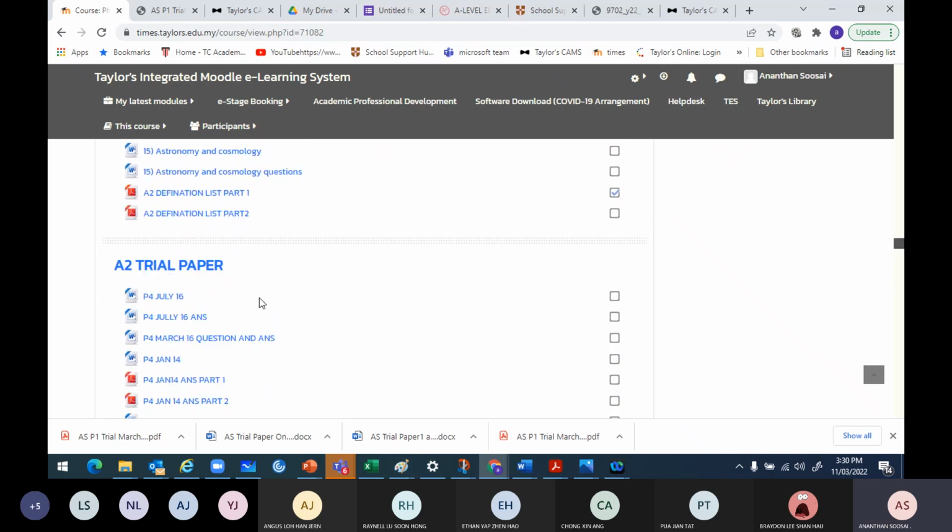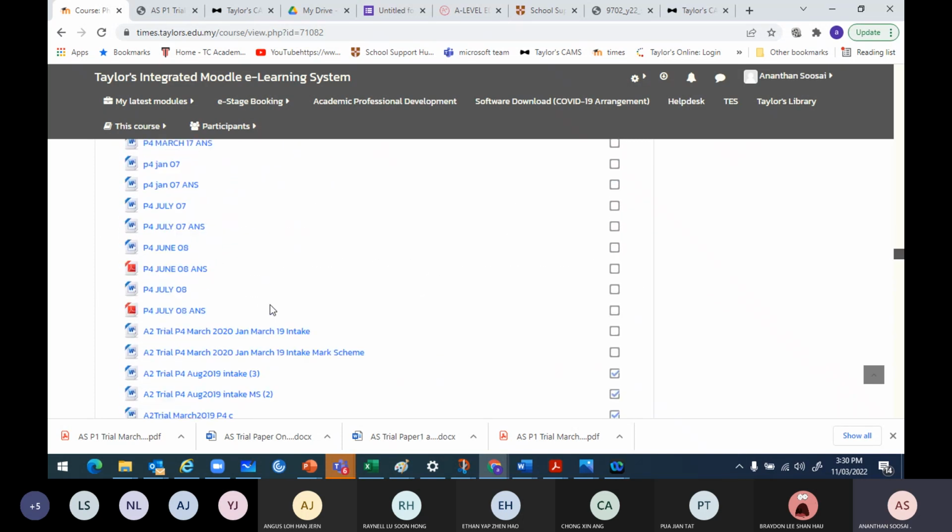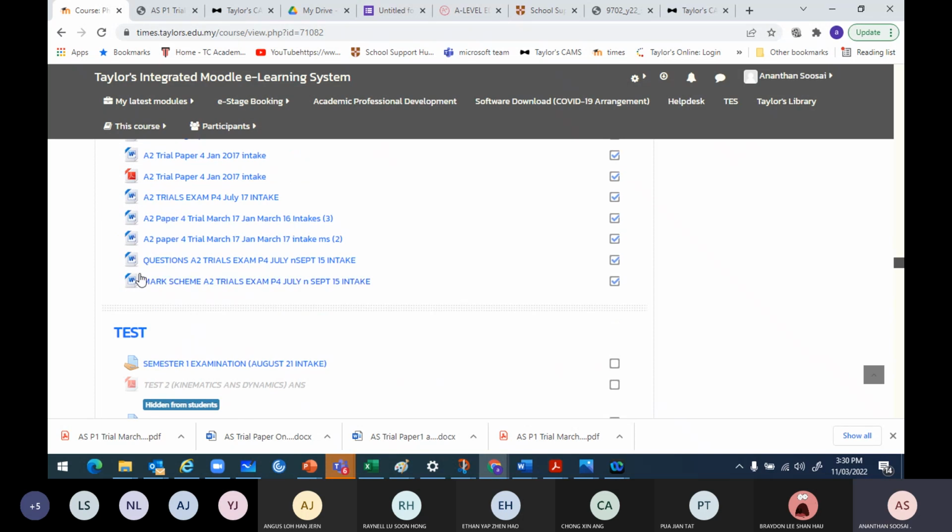The A2 trial paper has paper 4 here. We explore from the bottom, maybe the last two papers, from circular motion to here, if you have any. So from Monday onwards, it's going to be your turn. You're going to ask me questions. Anything you don't understand, we discuss. It can be from the trial, or from the actual paper.